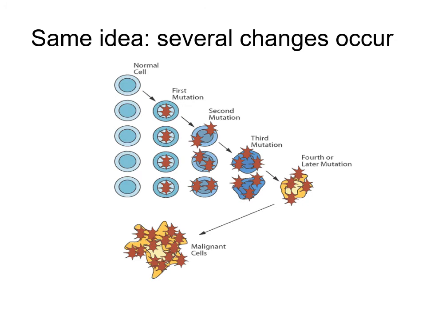This idea is shown a little more graphically in this particular slide, where we have a normal cell and its clonal progeny, and then the first mutation and its clonal progeny. But along the path, one of its progeny acquires a second mutation, and then a third, and then a fourth. So it's the acquisition of multiple mutations within a cell population that eventually gives rise to the malignant cells that form the tumor.